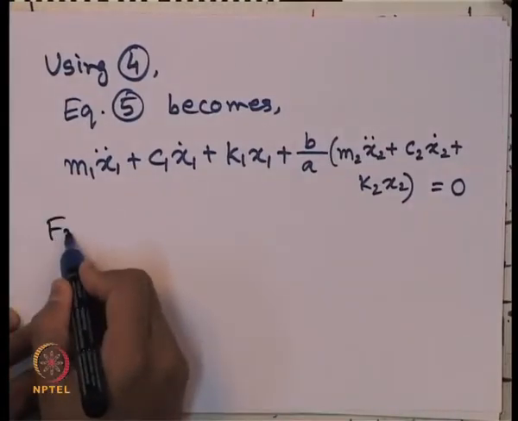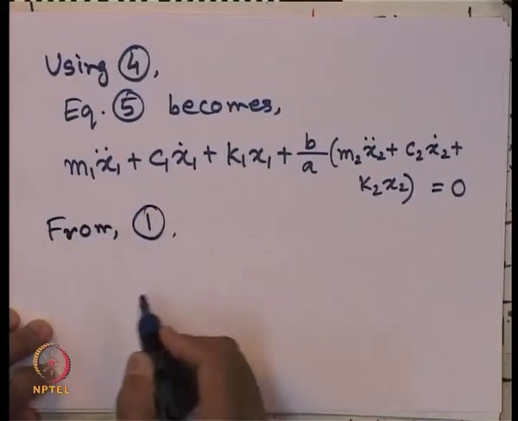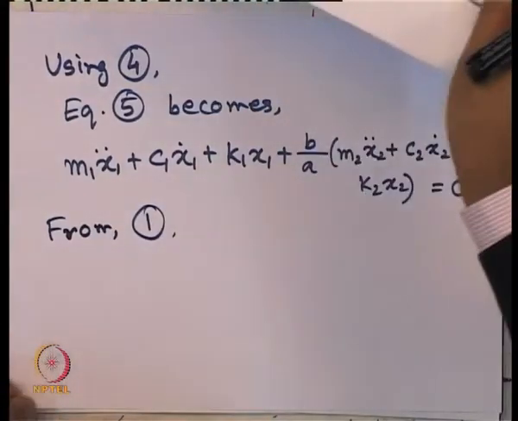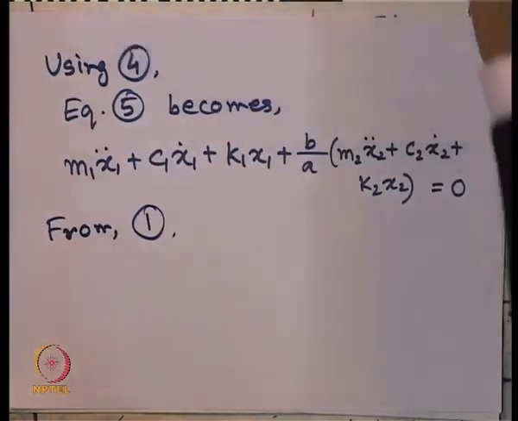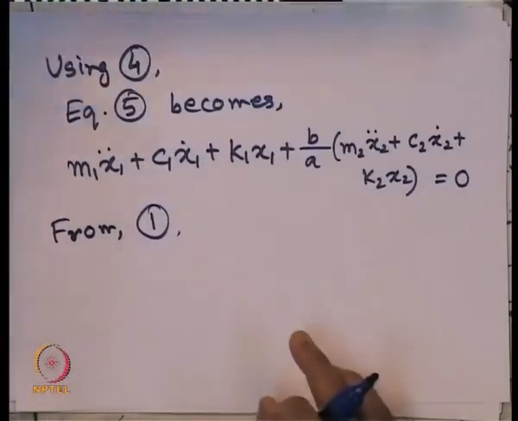Now, from equation 1, let us use it. What can we get from 1? From 1 we have a relationship between x1 and x2 through this a and b.